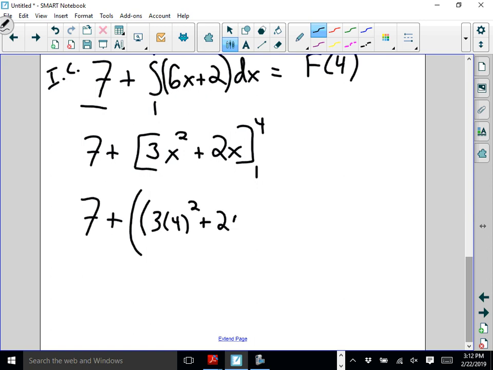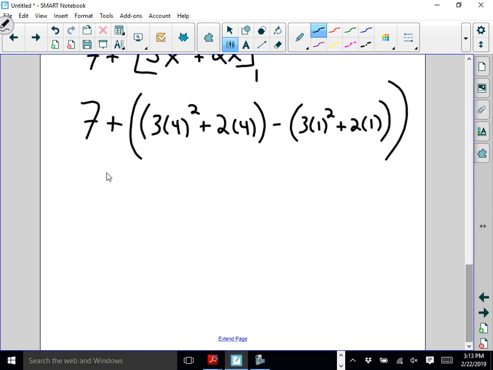And I'm going to subtract this antiderivative evaluated at 1. 4 squared is 16. 16 times 3 is 48. So I got 7 plus 48 plus 8 minus 3 plus 2, which is 5. 48 plus 8 is 56.